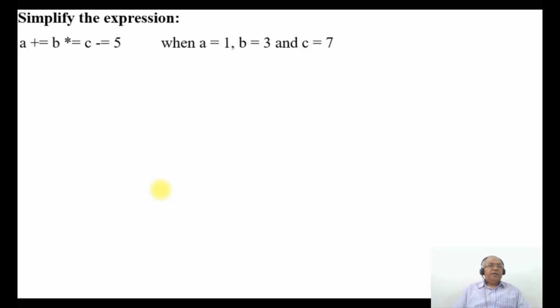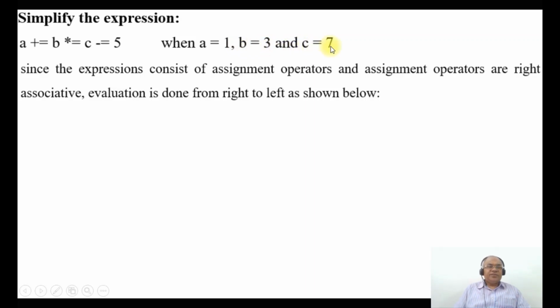Simplify the expression. Suppose I consider a += b *= c -= 5, where a equals 1, b equals 3 and c equals 7. Since the expression consists of assignment operators, and assignment operators are right associative, evaluation is done from right towards the left side.